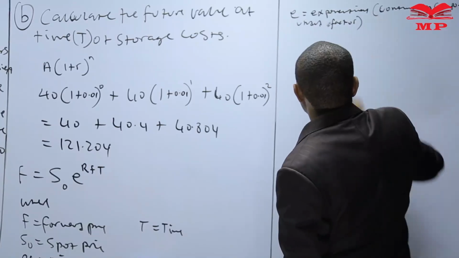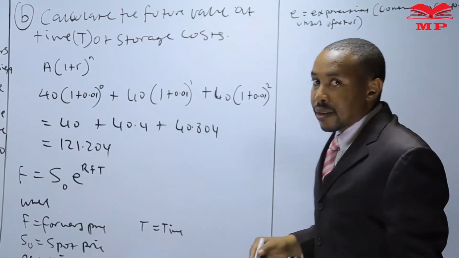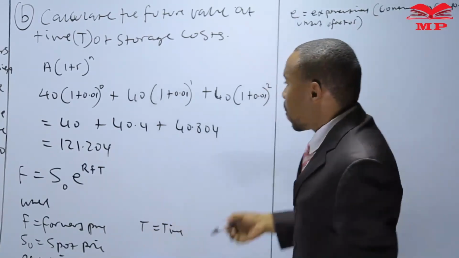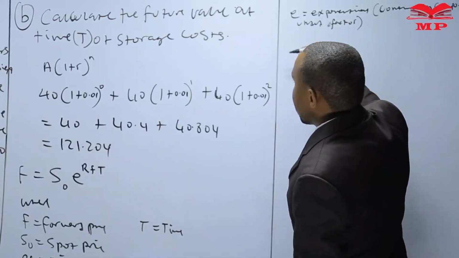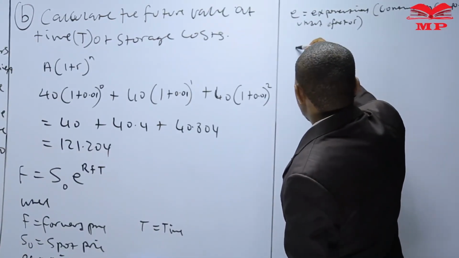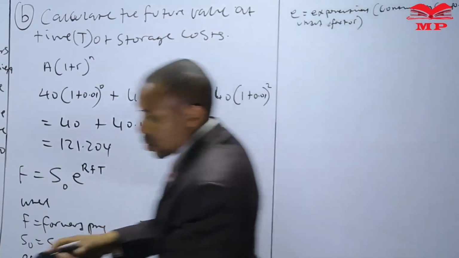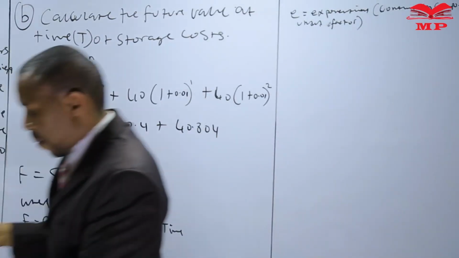But in this case, since it is not continuously compounded, we can just apply this simple formula. So we have 1500. Is it 1500 or 1600? Let me just confirm that.